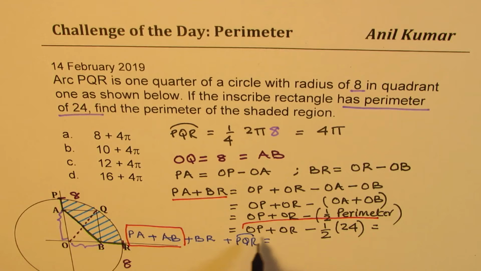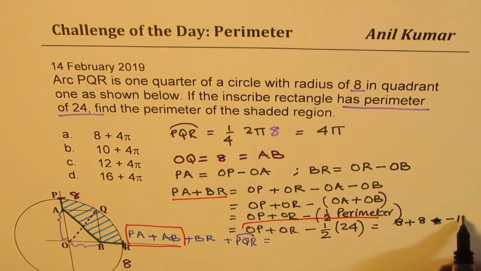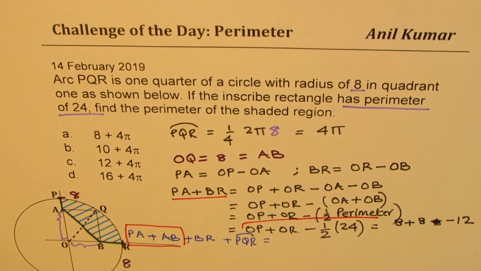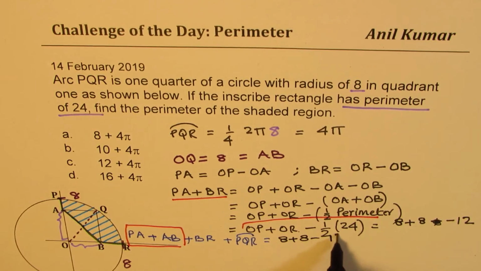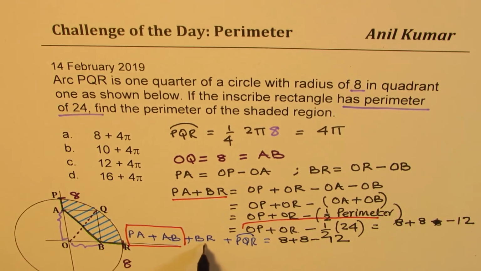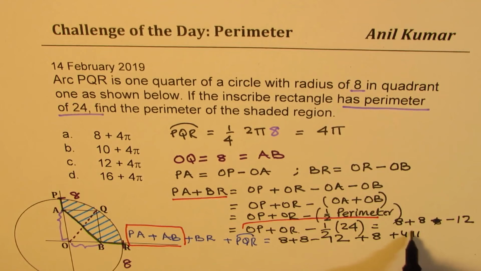OP and OR are 8 and 8. So let me write here 8 plus 8 minus half of 24, that is minus 12. Right, so we'll write this as 8 plus 8 minus 12, and AB we found as equal to OQ, which is plus 8, right? And then 4 pi.